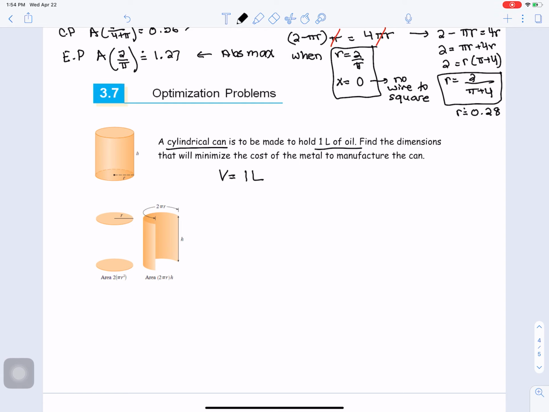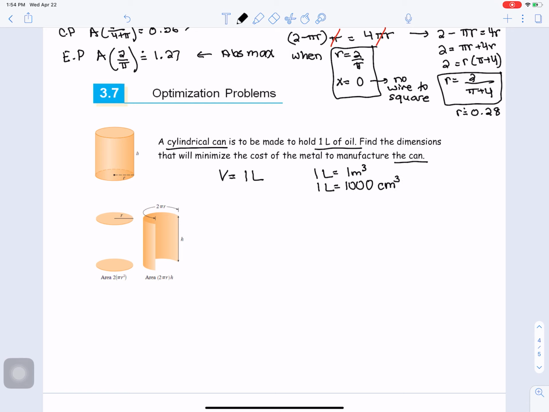Now the problem is we want to minimize the cost of the metal to manufacture the can, and the can dimensions are going to be in a linear measurement like meters or centimeters. So what I need to do is relate my liters to a known linear quantity. So 1 liter is 1 meter cubed, or 1 liter is 1,000 centimeters cubed.